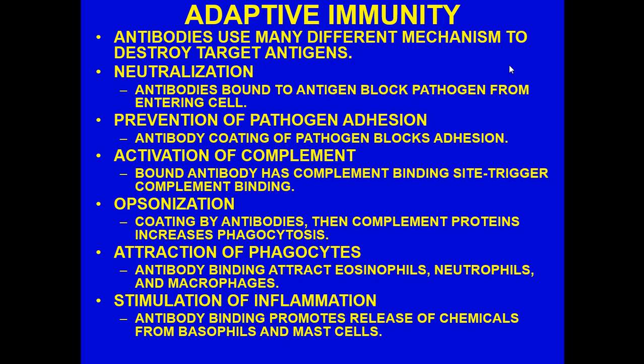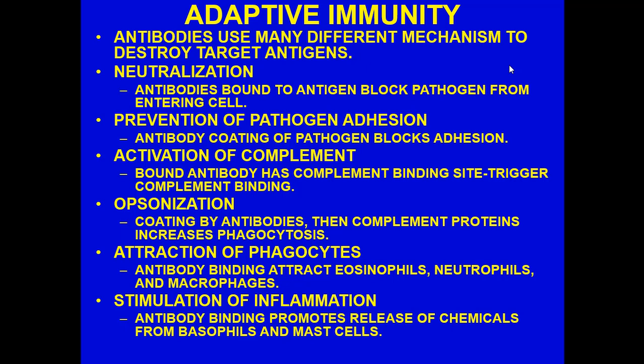Activation of complement. The bound antibody has complement binding sites, so this triggers complement binding onto the rest of the pathogen. Opsonization. When you start getting coated by antibodies, then complement proteins are present. They increase phagocytosis. They're kind of calling over the phagocytes like macrophages: come on over here, this is a target for you.